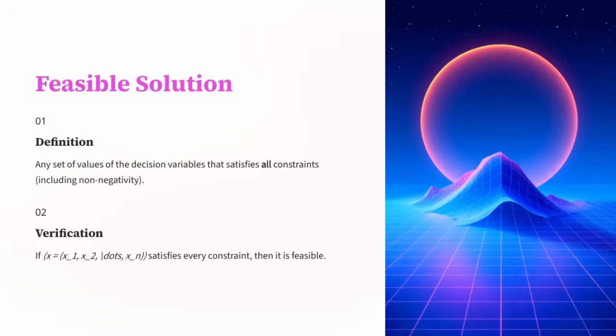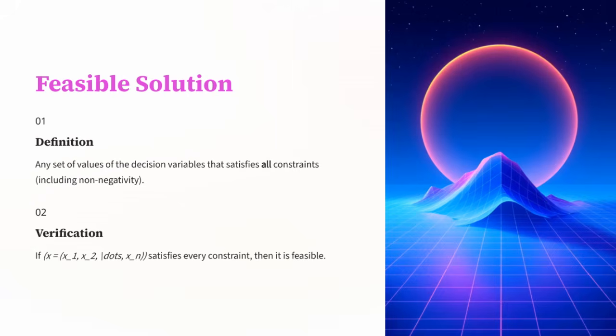So let's talk about what it means for a solution to be feasible. Essentially, if we have a set of decision variables, which we can denote as x, that are made up of components like x1, x2, all the way up to xn, then this set is considered feasible if it satisfies every constraint in the problem.